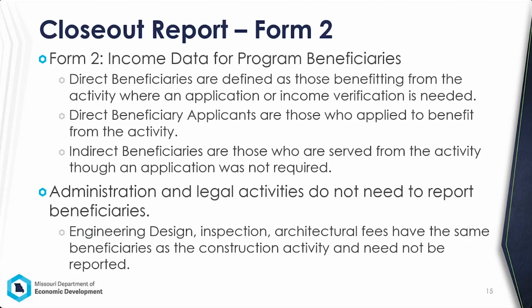The indirect beneficiaries are those who are served from the activity, though an application was not required. This is those streets and roads, pretty much all your infrastructure projects. Administration and legal activities do not report beneficiaries. Engineering, design, inspection, architectural fees have the same beneficiaries as the construction activity and need not be reported.